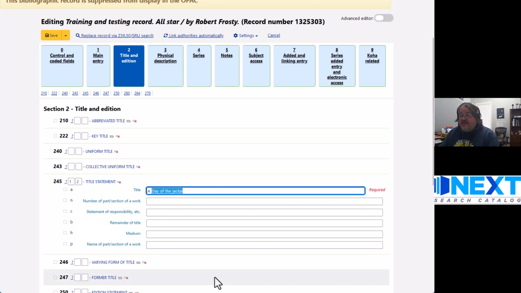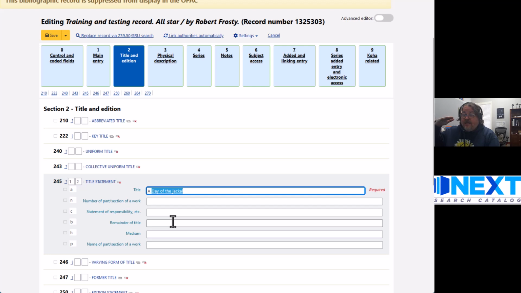And that gives us Day of the Jackal instead of A Day of the Jackal. So it's going to appear alphabetically as a D, not as an A. This was not a big deal in Koha, so we just kind of let it go. The Authority Control Cleanup did clean up a ton of those that were problematic. But this will keep us good going forward.